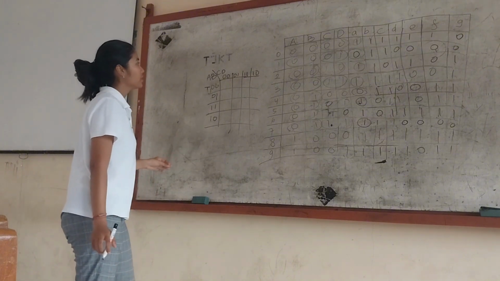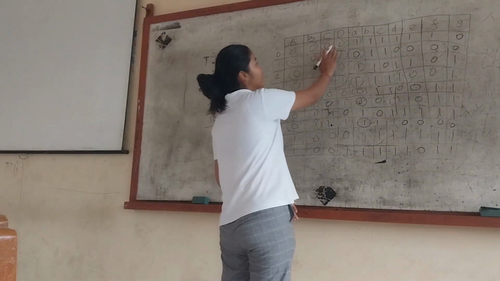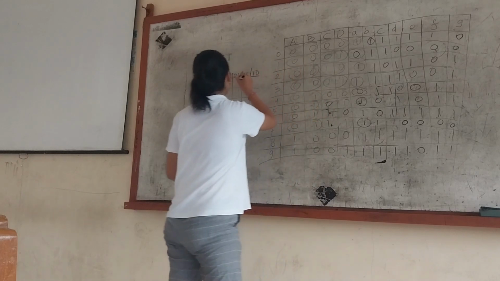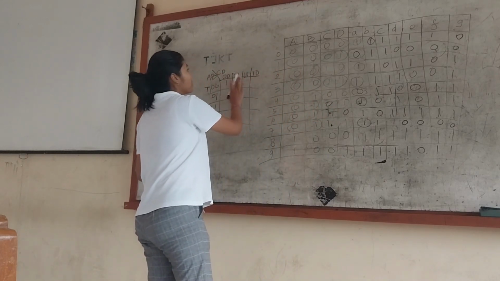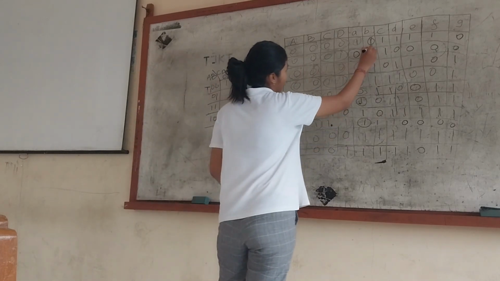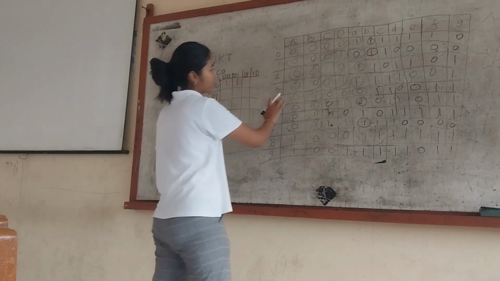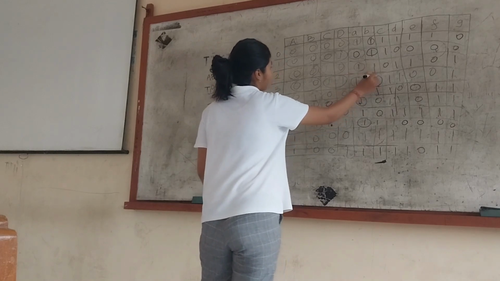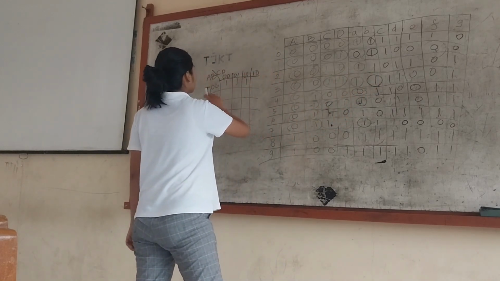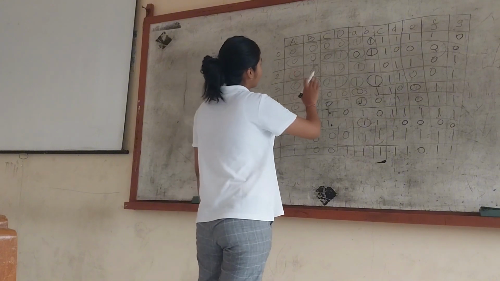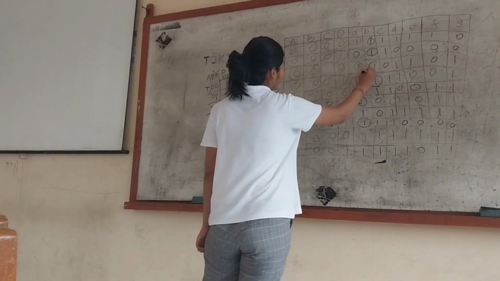So you can see in here 0, 0, 0, 0 has one value, 0, 0, 0, 1 has one value too, 0, 0, 1, 1 has one value, 0, 0, 1, 0 has one value.